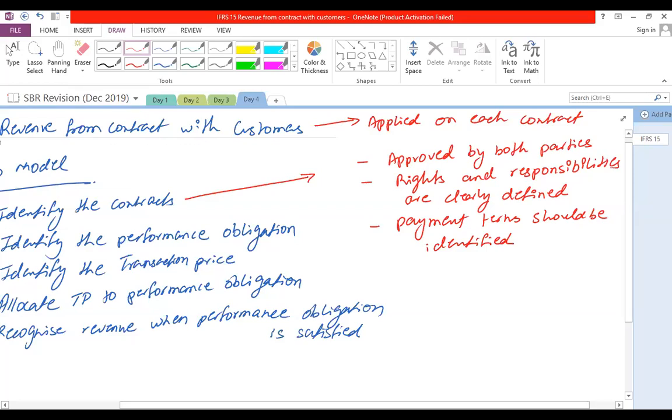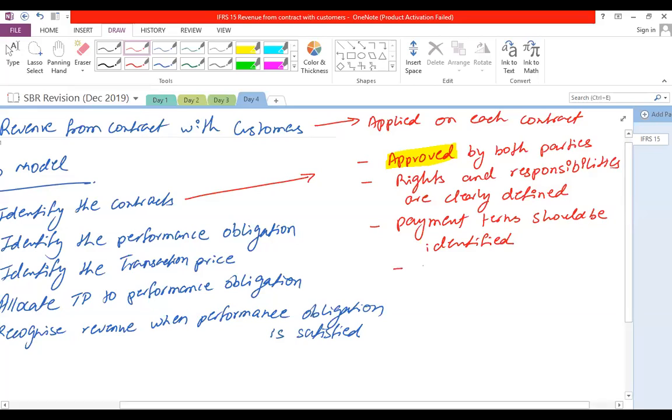Yes, Jesse, even if we have agreed verbally, we call that approved, because by law, it can be approved in the written form, in the oral form, or in the implied form. Sometimes the contracts are even approved in an implied manner. Okay, so the contract should be approved by both the parties. Rights and responsibilities should be clearly defined. Payment terms should be identified.